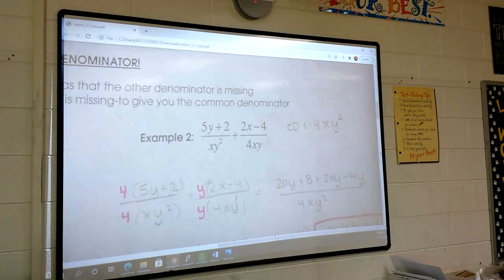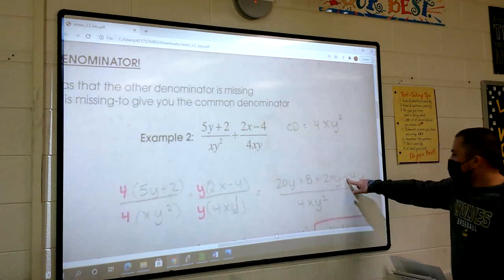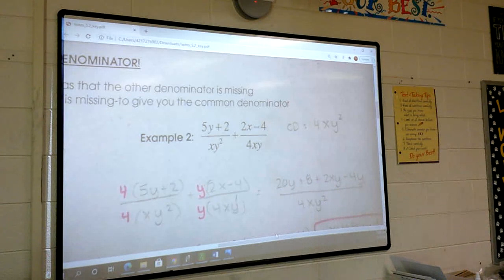And then you want to simplify what you can. The only thing you can simplify is on top, you have 20y minus 4y, which is 16y. So you can simplify that fraction.